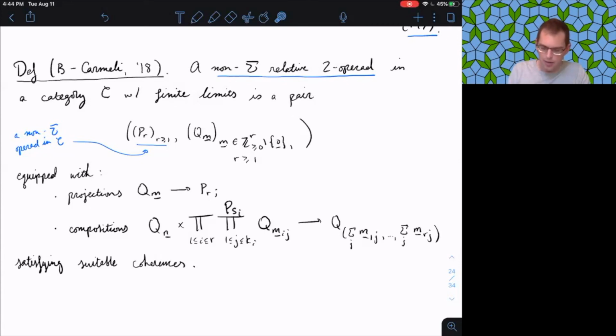And then we require that there are compositions of this form where the P sub s_i above this product means that it's a fiber product, satisfying the obvious coherences. And I'm not going to take the trouble to unpack all of this because it's just a bunch of notation that essentially says we want the sort of compositions that we saw already for the 2-associahedra.